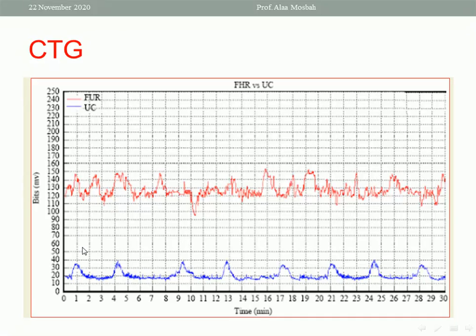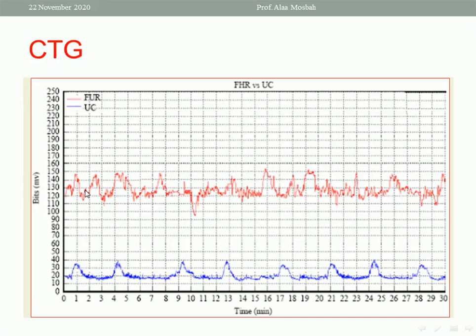Okay? What about the signal representing the fetal heart rate pattern, represented here in red? As you see here, we have a baseline for fetal heart rate. Here it is about 130. Okay? And we also have beat-to-beat variability, which is the distance between one peak and the next peak, or the difference between them.